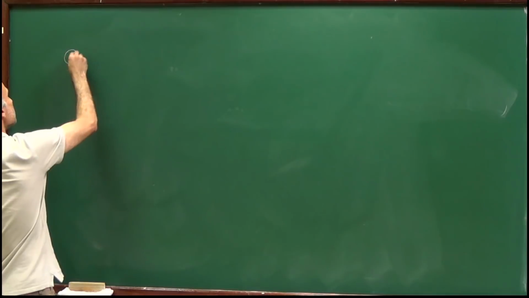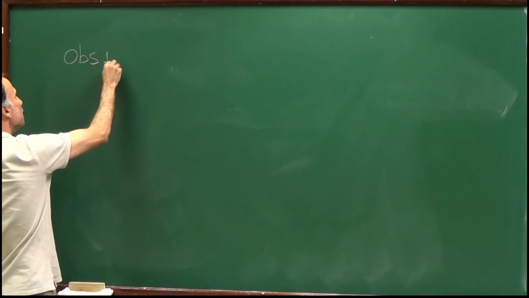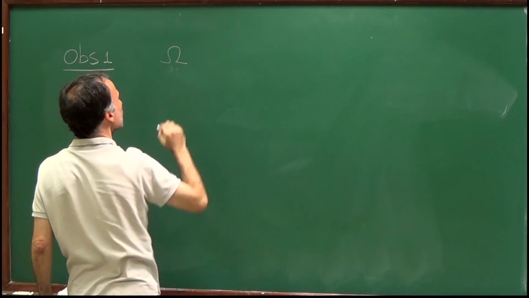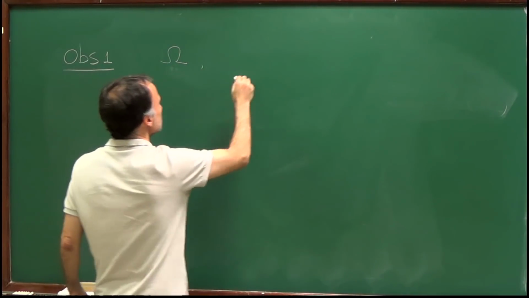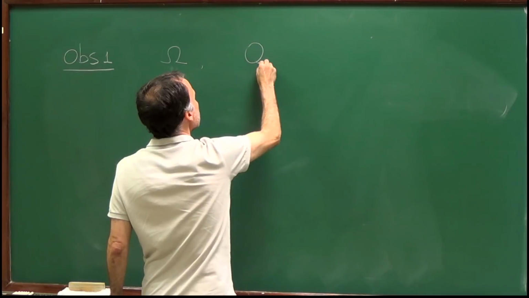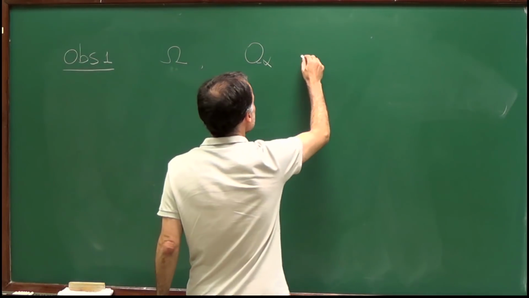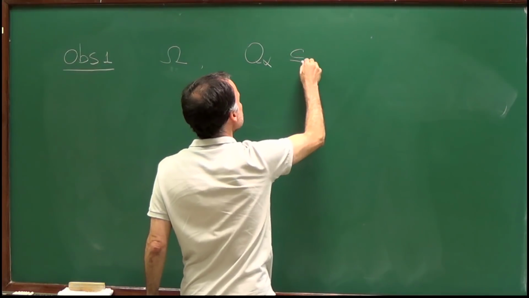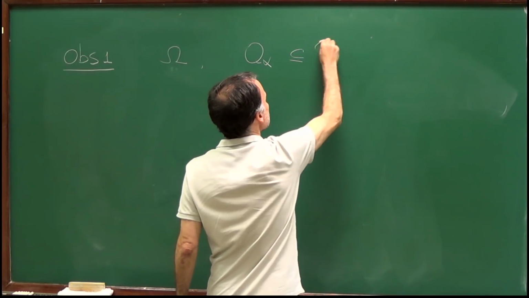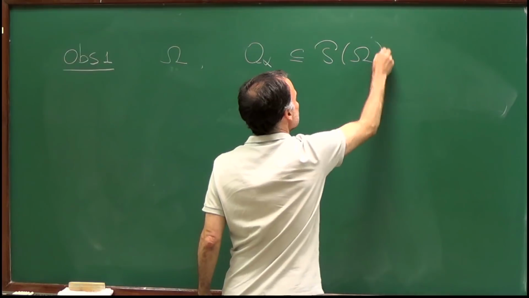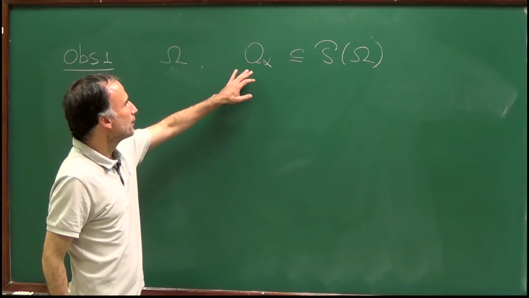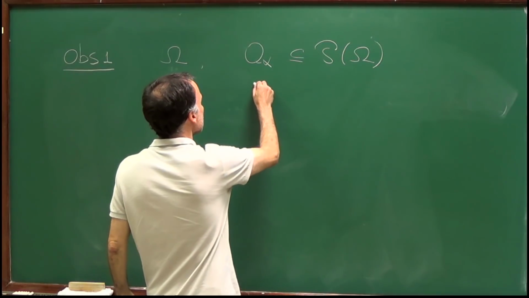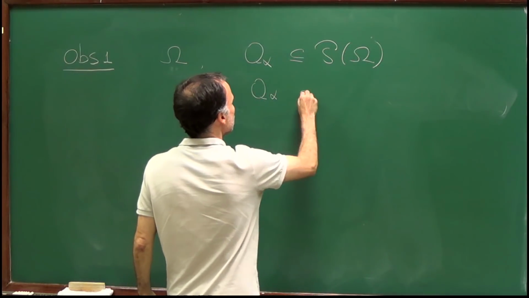The first observation is a very simple one. Consider a set omega and consider a family A_alpha of algebras of sets of omega. So each A_alpha is an algebra of subsets of omega.